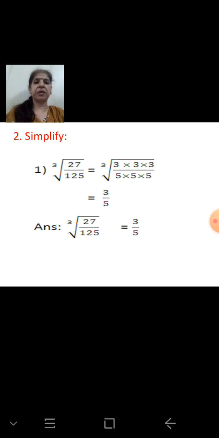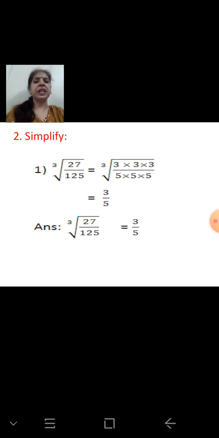Be very careful. And once I have removed the radical sign, see the above step, I have taken one number from each group. So it becomes 3 upon 5. So the final answer is: cube root of 27 upon 125 is 3 upon 5.